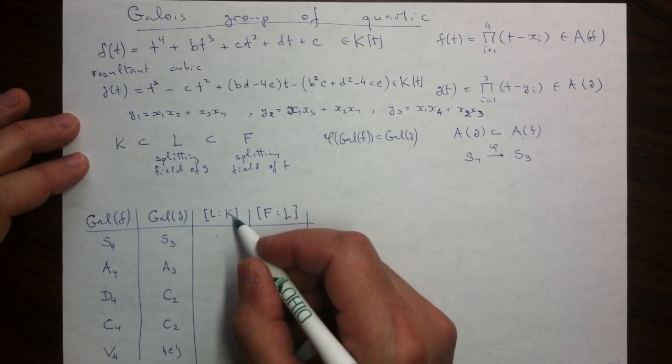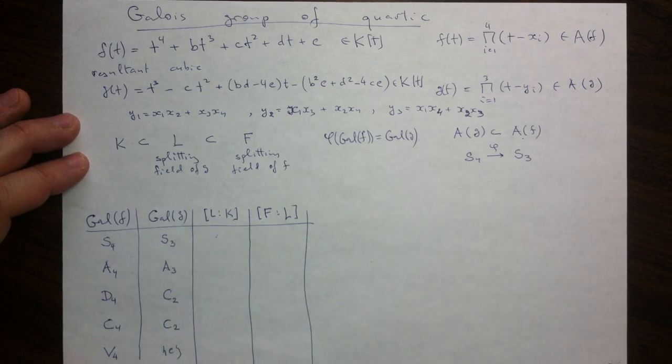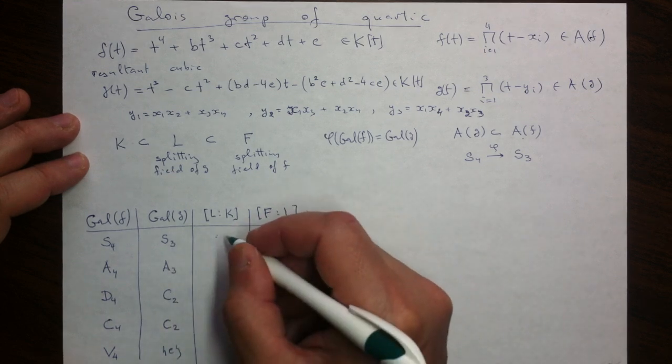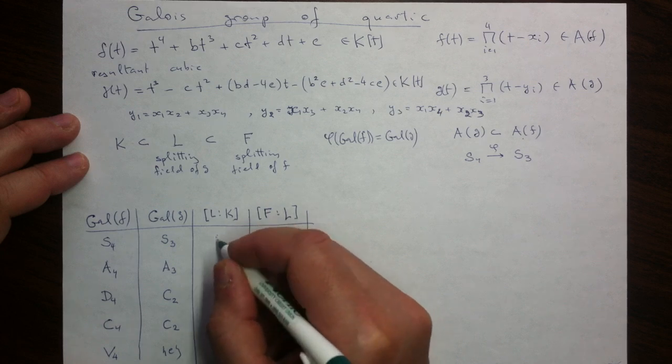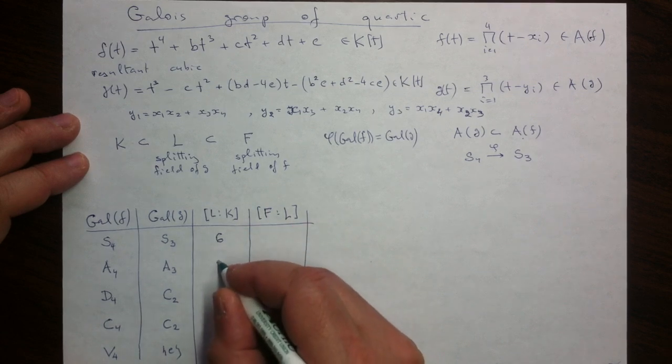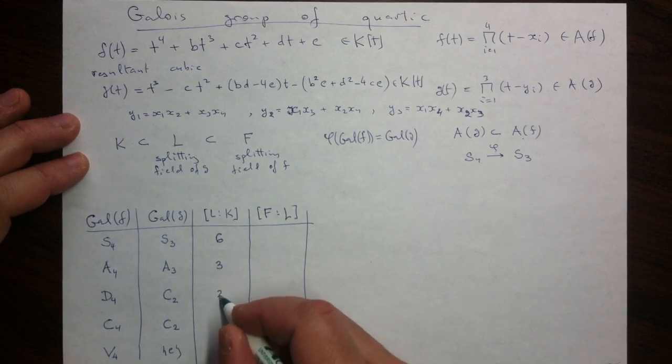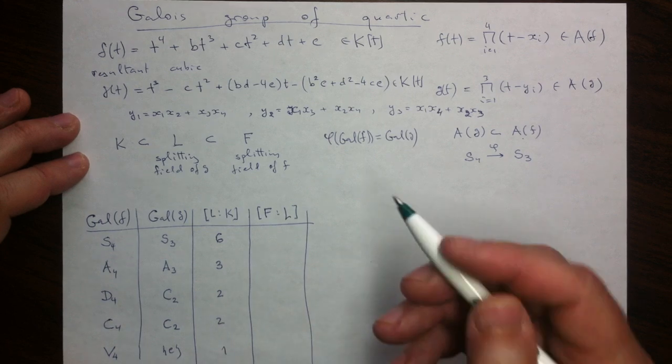This is just the degree of the splitting field of G, and it must be equal to the symmetry group order. So we'll have 6 here, we'll have 3, 2, 2, and 1.